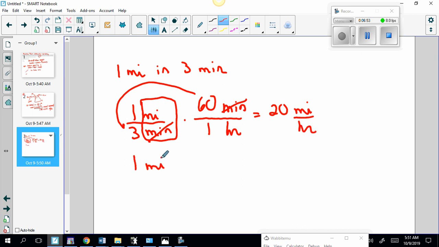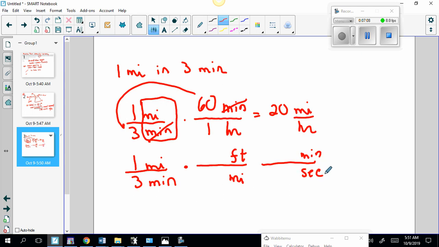Let's do it again. 1 mile in 3 minutes, and I want to go feet per second, so let's get rid of miles. Let's go feet. I want to get rid of minutes, so let's go minutes high, seconds low. So in 1 mile, I live in Denver, 5280 feet. And in 1 minute, there's 60 seconds. The minutes cancel, the miles cancel, left with feet per second.